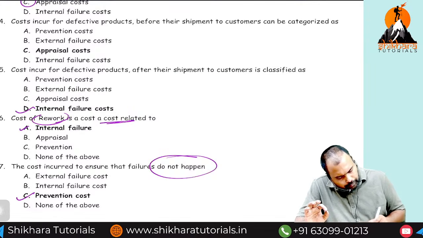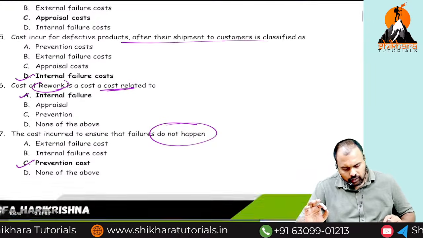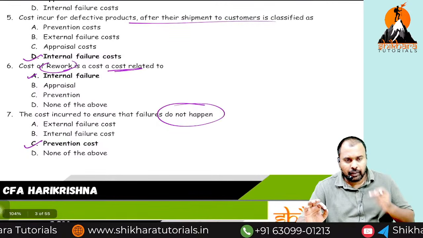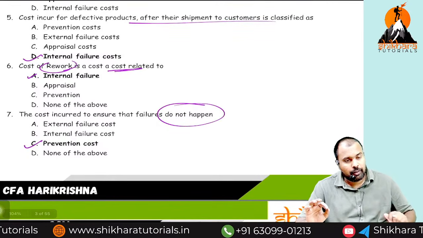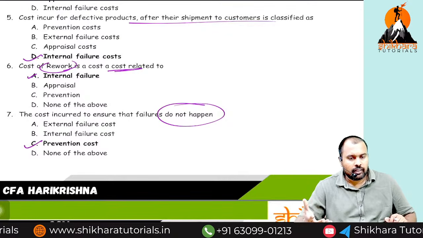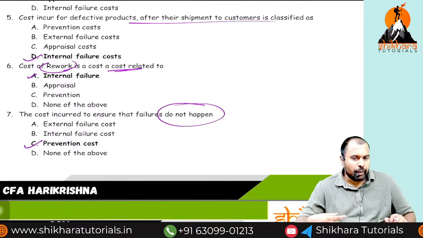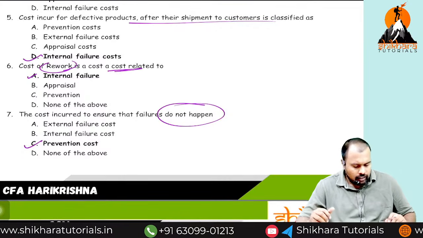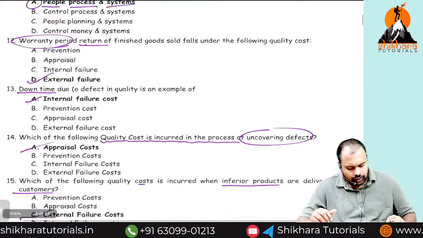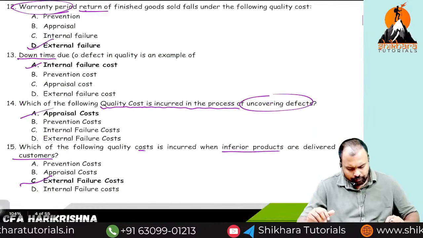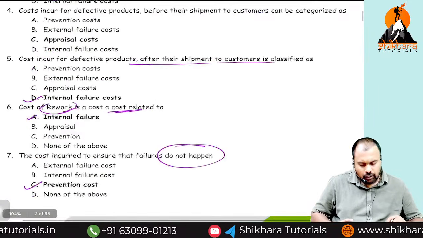The shipment is done but not delivered yet, so it has to be internal failure cost. Before delivering to the customer, we check whether the quality is good or not, and if it is good, we deliver it. If it is not good, we bring it back, do the rectification, and give it again. So it has to be internal failure. That is correct. Okay, so that's about cost of quality.